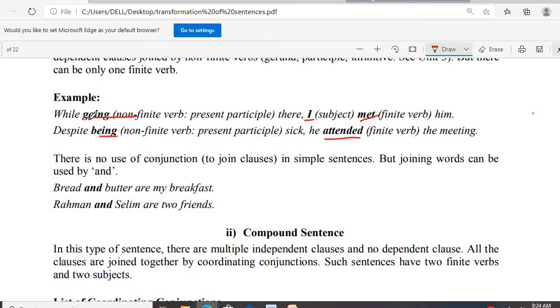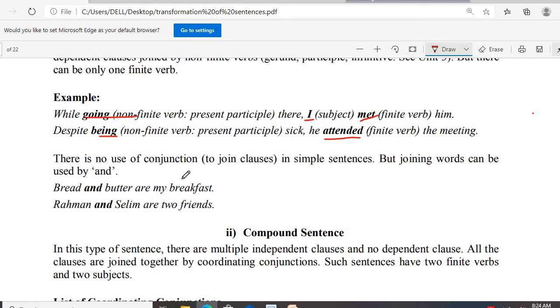You must remember, while and despite are conjunctions, but they do not join any clause. And when the conjunction does not join any clauses, that will not be a complex or compound sentence.